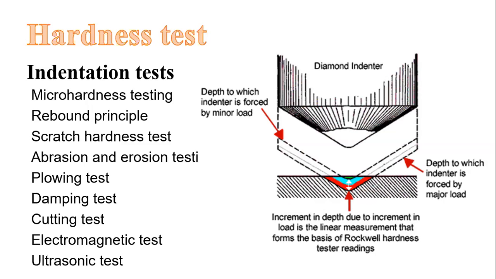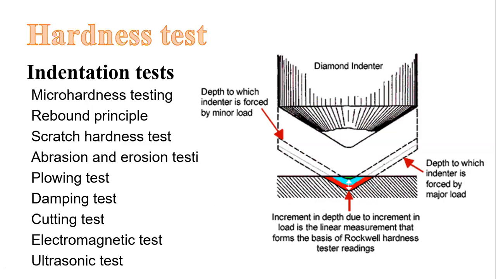Hardness is indicated in a variety of ways, as indicated by the names of the tests that follow. Micro hardness testing, indentation test, rebound principle, scratch hardness test, abrasion and erosion testing, flowing test, damping test, cutting test, electromagnetic test, and the last, ultrasonic test. But the ones that are most useful are the indentation tests, in which a ball, cone, or pyramid is forced into the surface of the metal being tested.